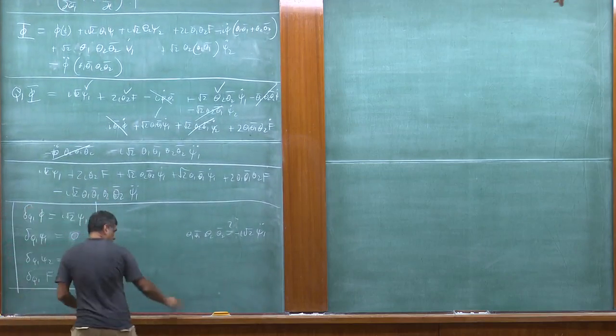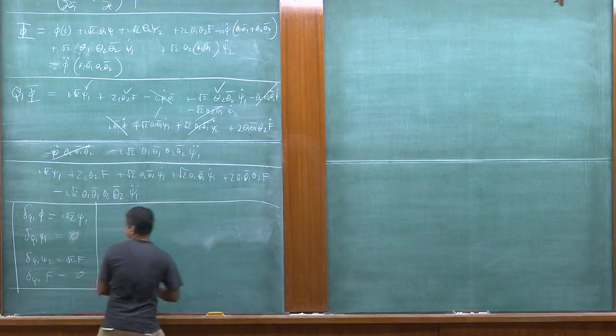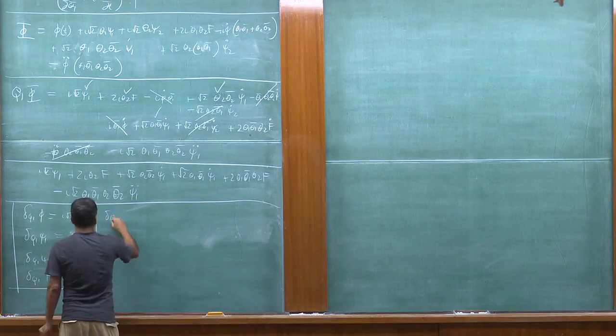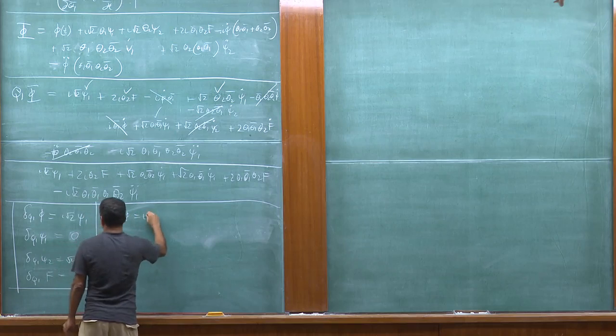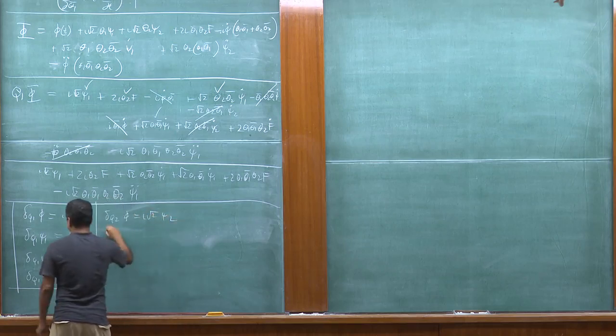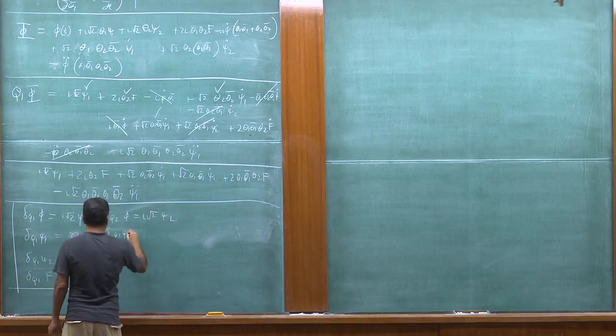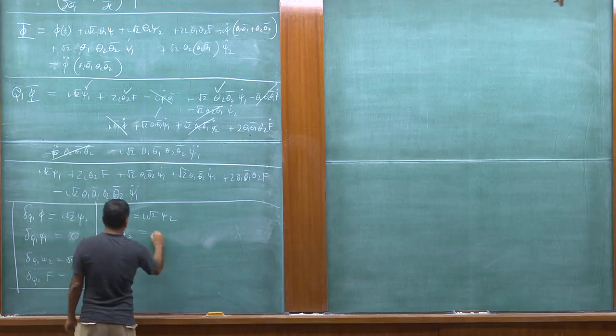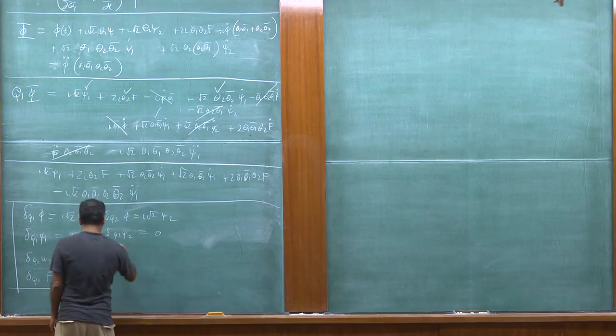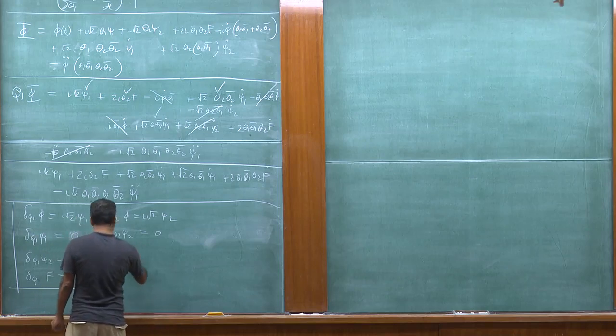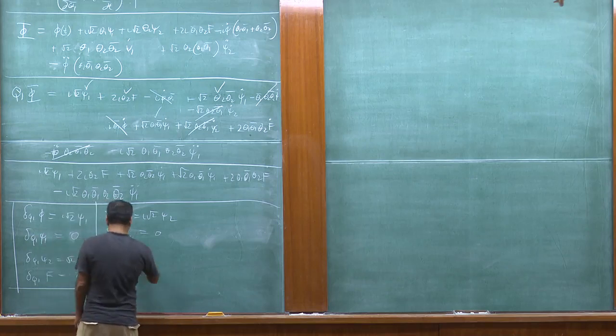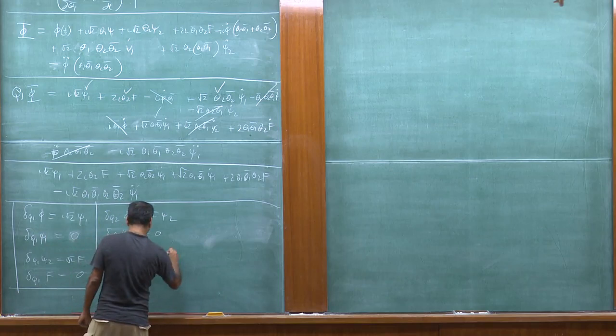Okay, so this is delta q2 phi is equal to I square root 2 psi 2. Delta q2 psi 2 is equal to 0. Delta q2 psi 1 is equal to minus square root 2 f.